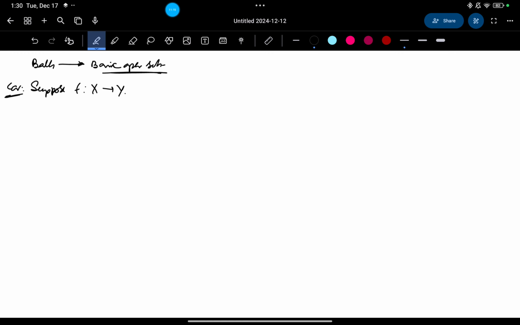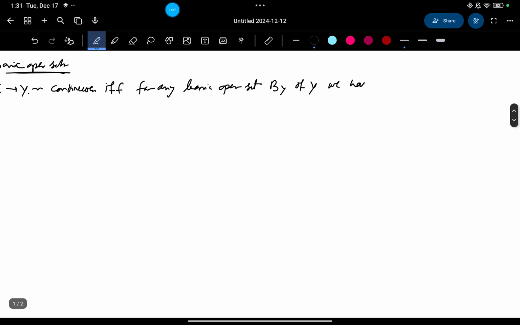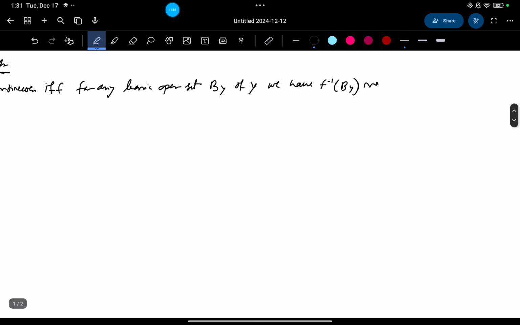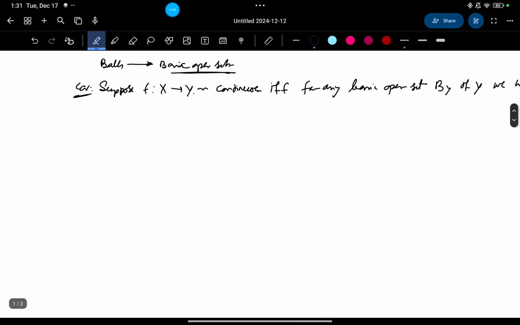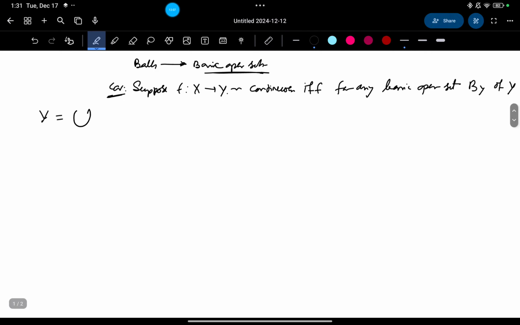Once you have any topological space, then of course you have some basis of that topological space. Then f is said to be continuous if and only if for any basic open set B of Y, we have f inverse B is open in X. Because you see that if you have any open set V, you may write V as a union of all small b belonging to the basis B. Every open set can be written as a union of some basic open sets.